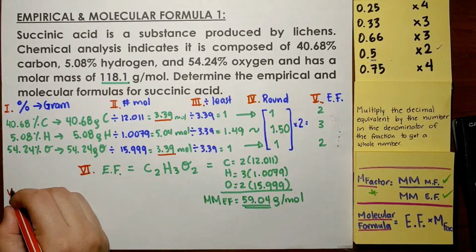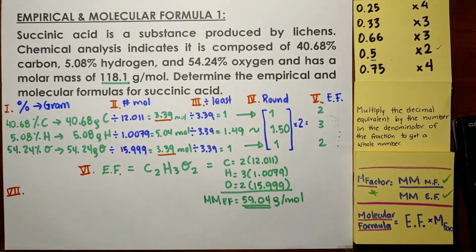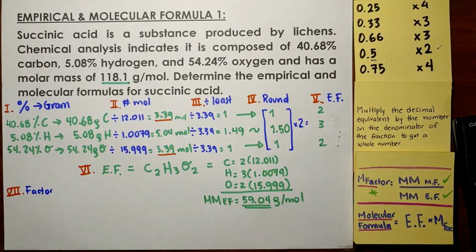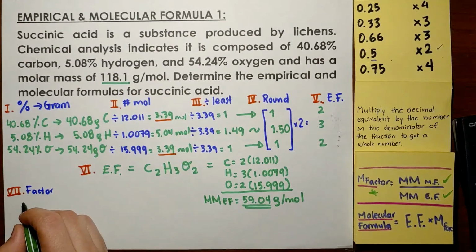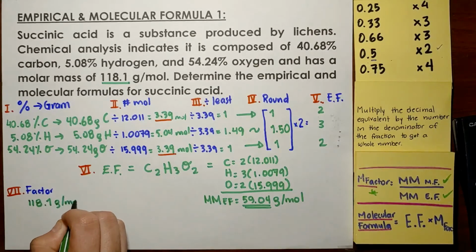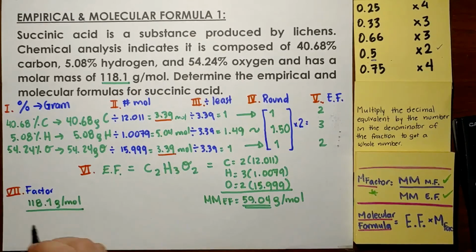Now in the 7th step, we're going to have the factor, and this is the molar mass of the molecular formula, that is 118.1 grams per mole, divided by 59.04 grams per mole. I will cancel these units because they are dividing.